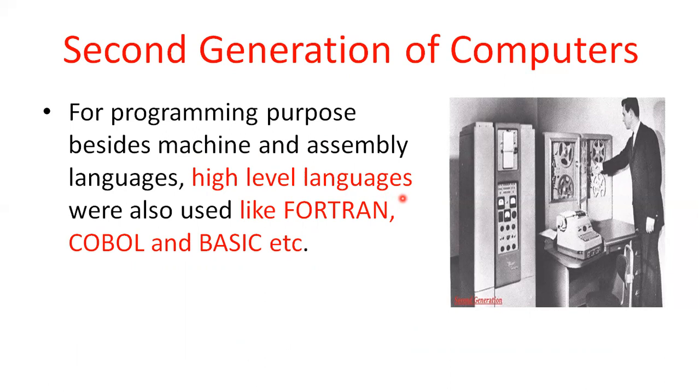That means all instructions are in English or Telugu, any human understandable language. For example, Fortran, COBOL, BASIC. Fortran is a programming language, and COBOL is a business purpose language. Like that, they introduced some high level programming languages in the second generation of computer.